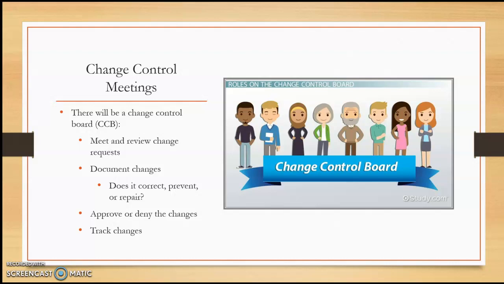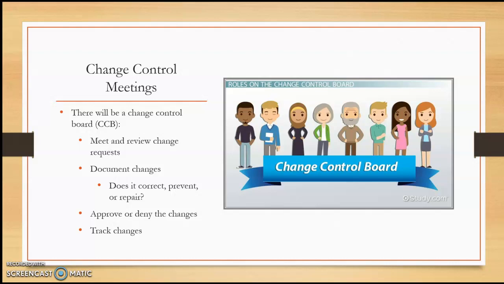So at these meetings, they will review change requests and the document of changes, basically meaning does it correct something, does it prevent something, or is it repairing something? Because if it doesn't do any of the three, I don't like it. It may not even be needed to be changed.